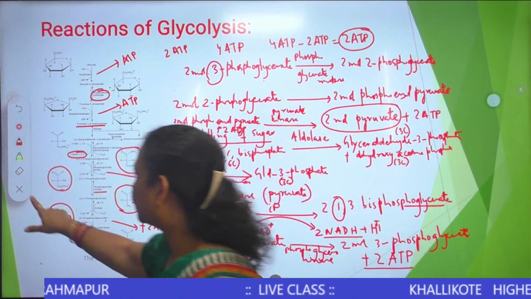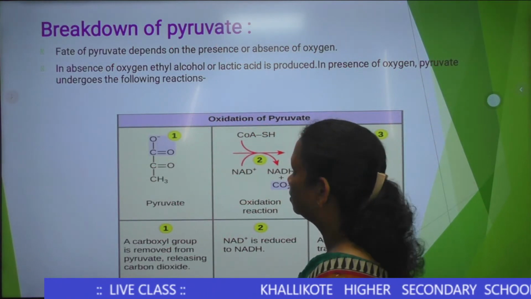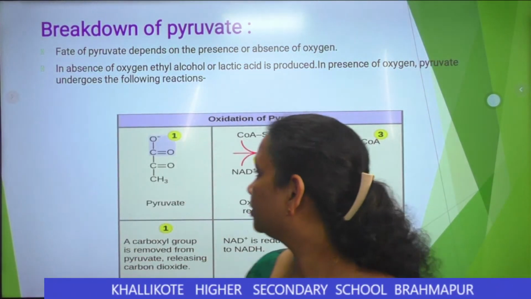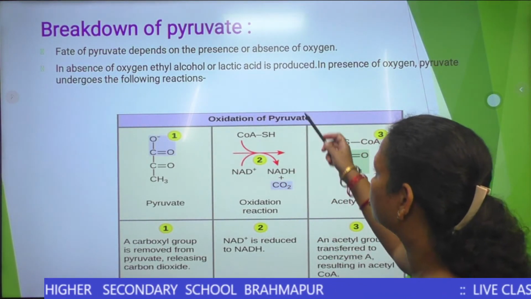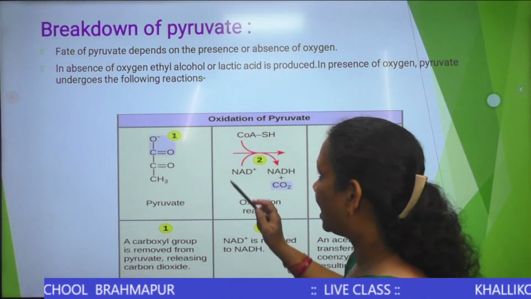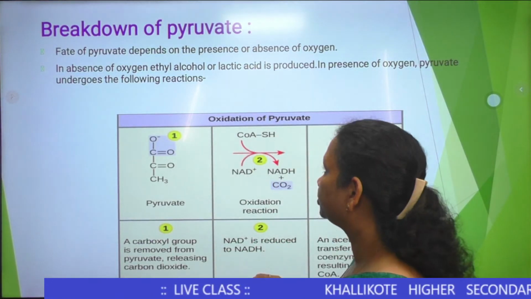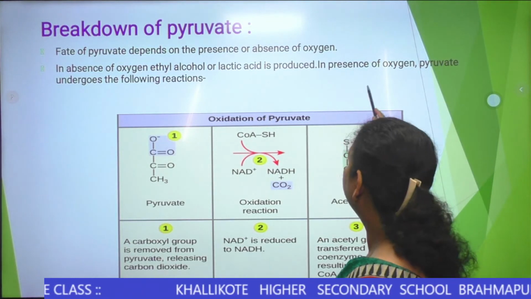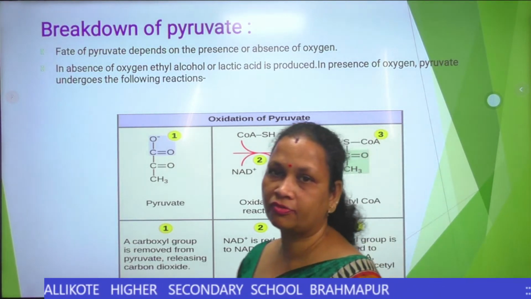And what will happen? There will be breakdown of pyruvate. So, in breakdown of pyruvate, the fate depends on the presence or absence of oxygen. In absence of oxygen, pyruvate gets converted into ethyl alcohol or lactic acid. If oxygen is present, there will be oxidation of pyruvate.